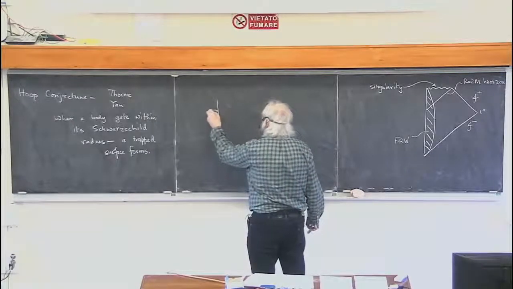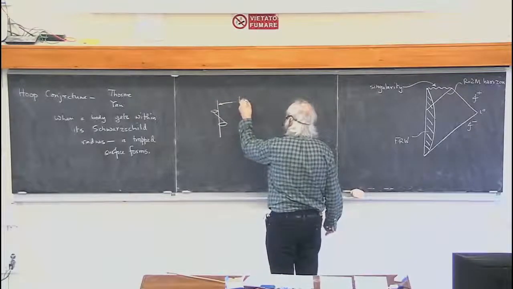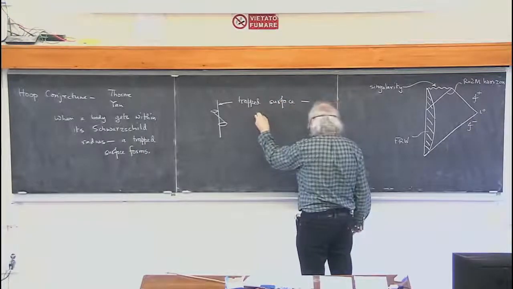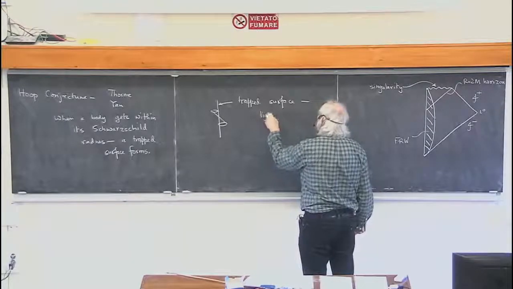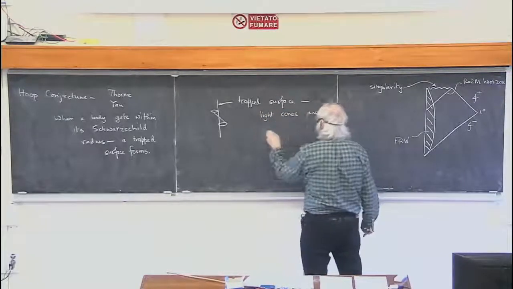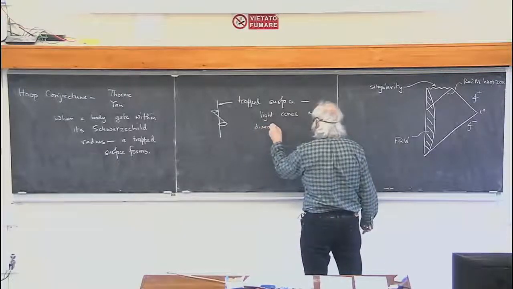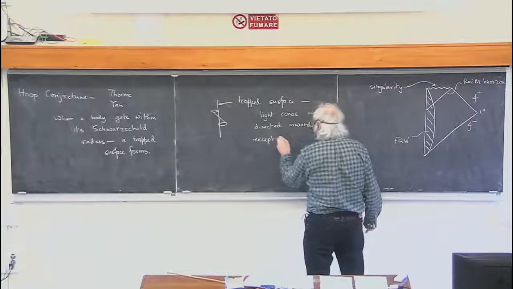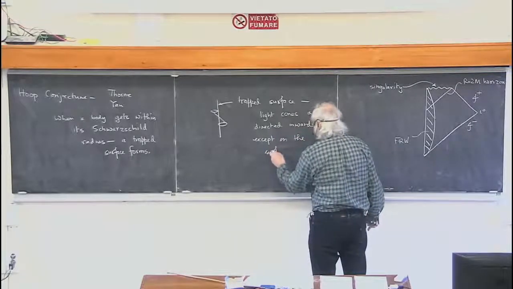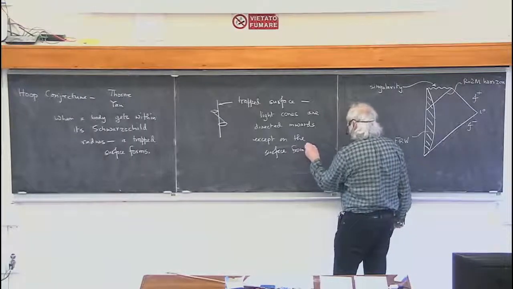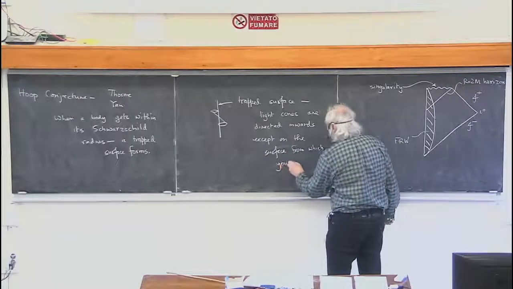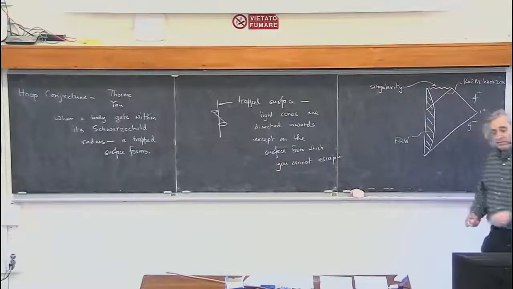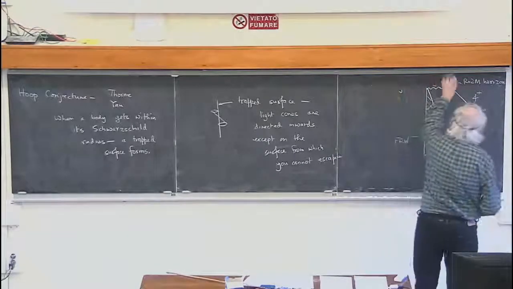So one way of thinking about a trapped surface is simply that it's where the Schwarzschild radius comes into play. It's just simply where light cones are always directed inwards. So this coincides with the idea of an event horizon for a situation that is stationary.